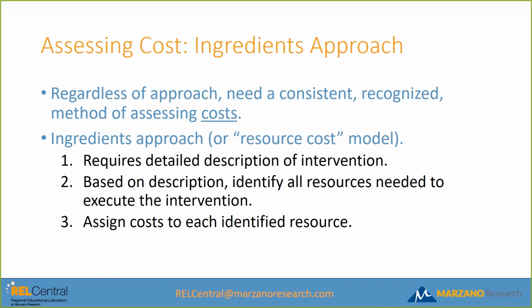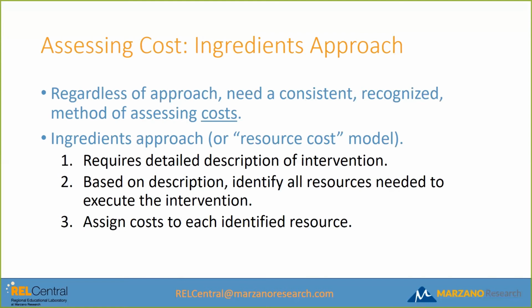The best way of doing this is in real time, while you're evaluating or analyzing a program, not looking back in time after the intervention has already run, but collecting detailed descriptions of the intervention, and we'll talk about what the resource pieces associated with that are.